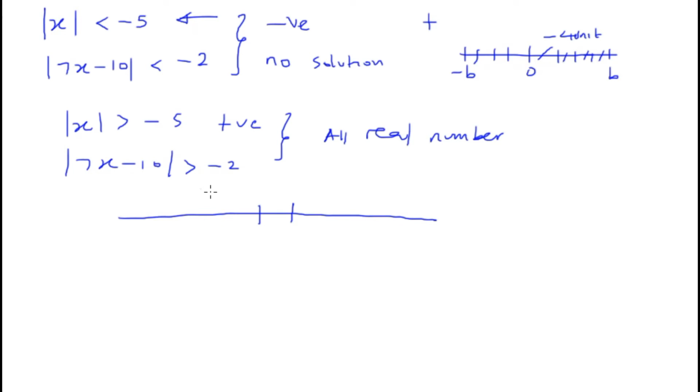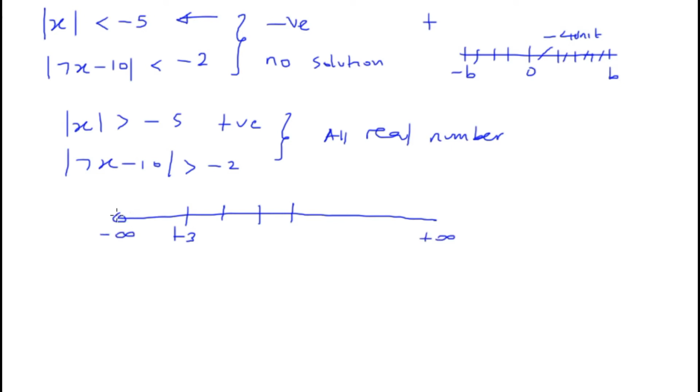So that's the way it is. If I pick minus 3 now, the absolute value of minus 3 is greater than minus 2 because it is positive. So for all real numbers, you just need to shade all. Let's say this is minus infinity and this is positive infinity.